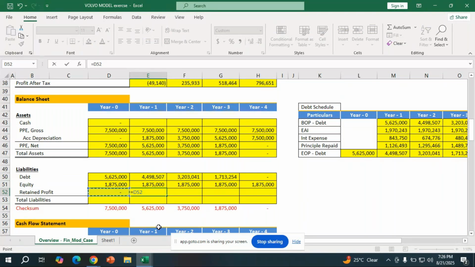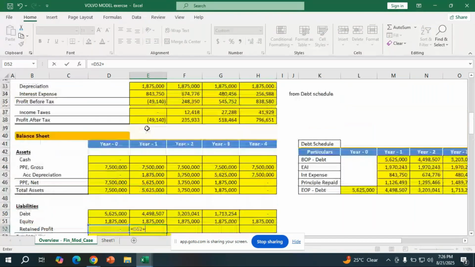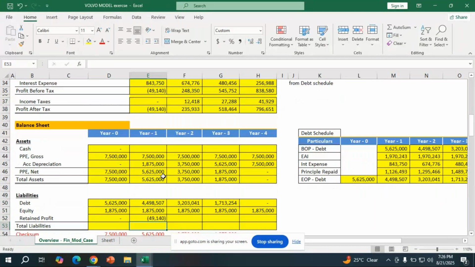For year 1, we take year 0 plus year 1's PAT. So you get this value.